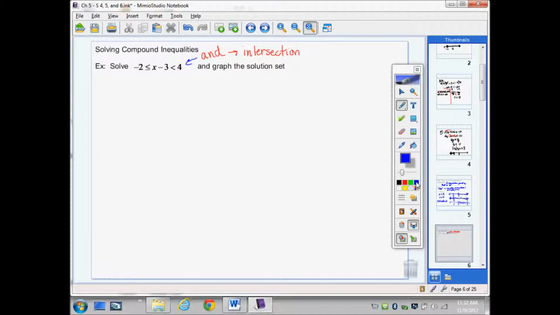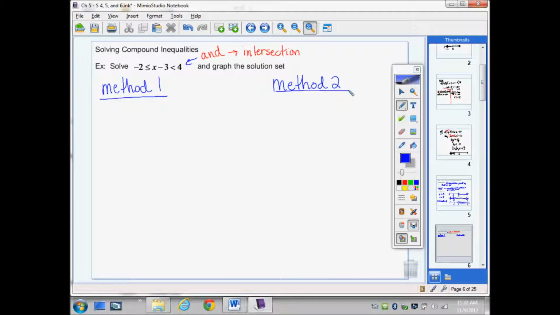It can either have two inequalities with the word and in between them, or it can be written as a compound inequality in one part. Now, there are two ways to graph or to solve this, and I will show you both so that you can use the one that makes the most sense to you. Okay?